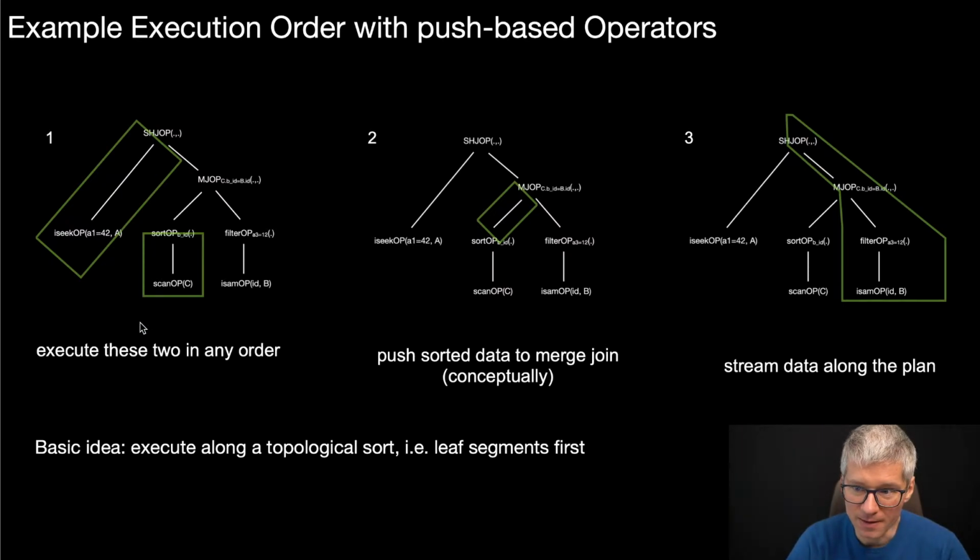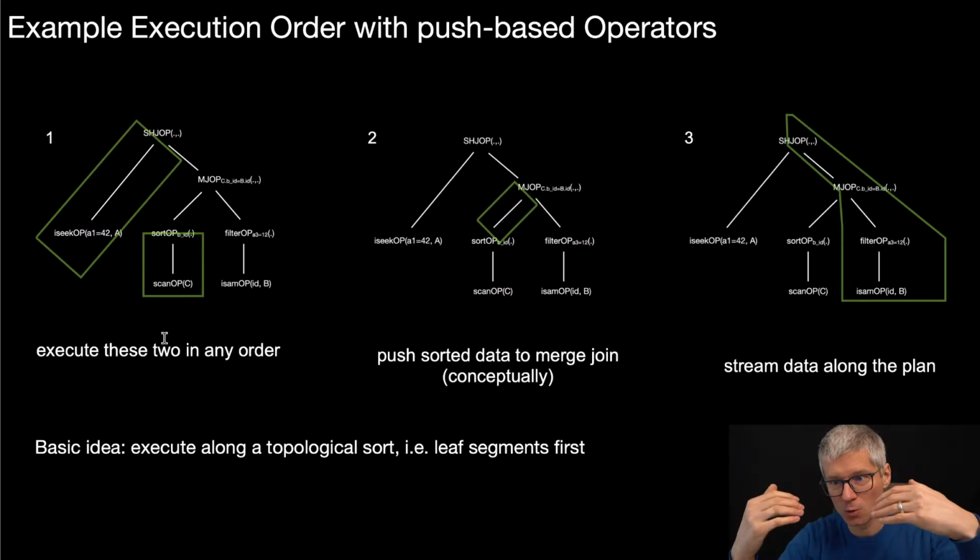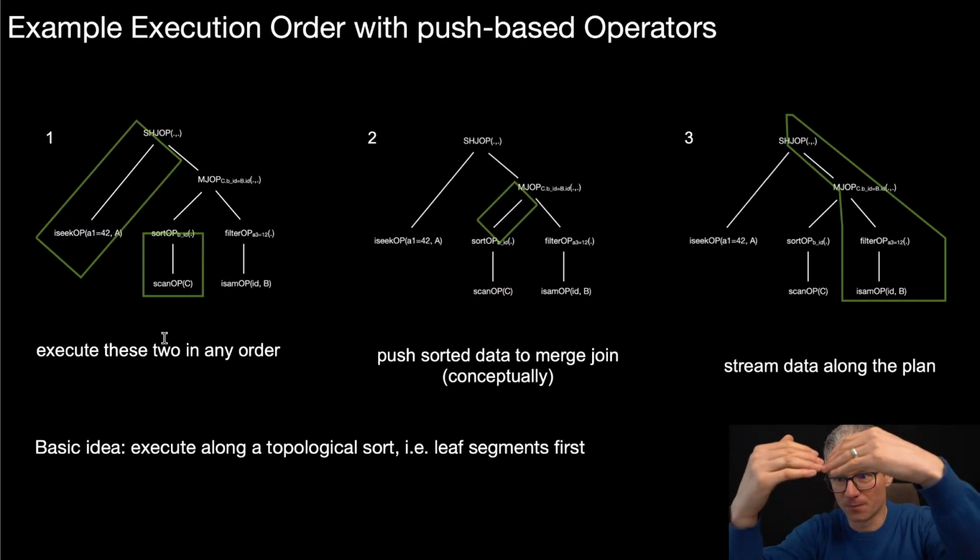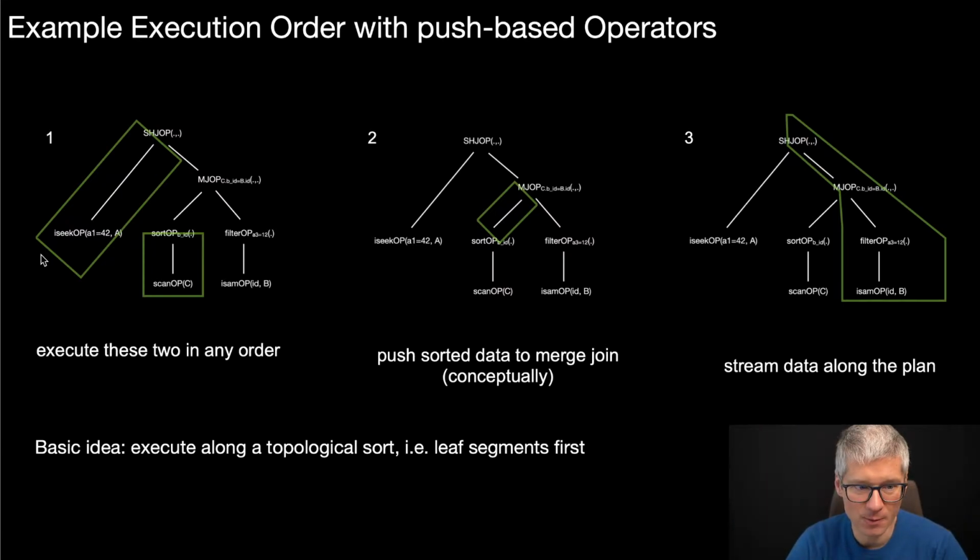Another way of seeing that is if you think about the control flow in your program. The control flow in the push world is that the leaves are pushing data towards the root node in that tree. That's what we're seeing here. Those are the leaves pushing it into the parent node. This leaf pushes it into the parent node, and so forth.